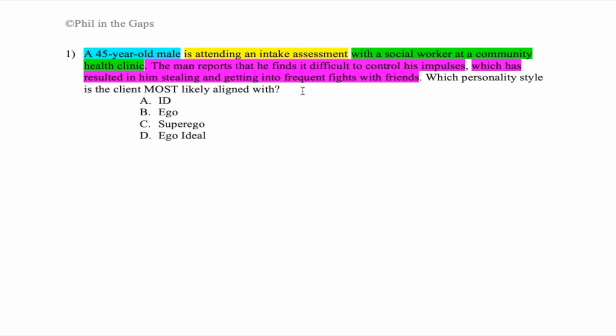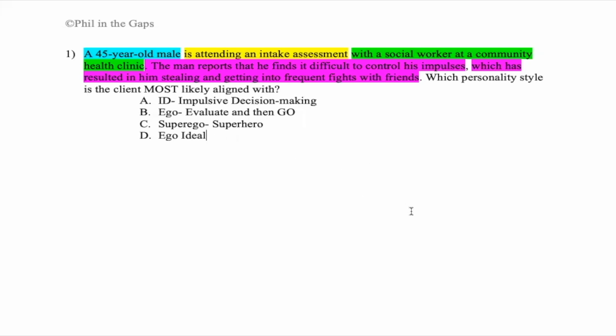Let's break down each personality style and compare back to the question to see what we're looking at in particular. A, id is going to be impulsive decision making. B, ego is going to be the one that evaluates and then goes or lets it go. And then superego is going to be that superhero.